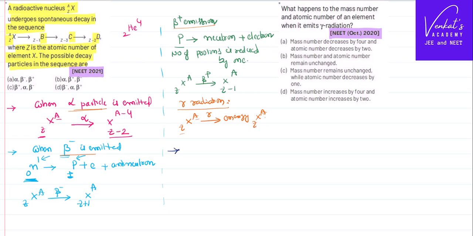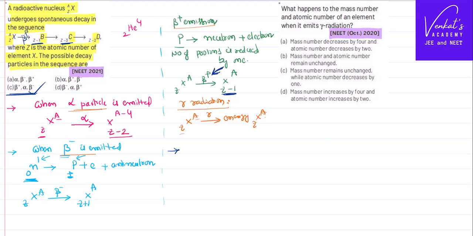Taking that into consideration, look at the question. Z became Z minus 1. Z becomes Z minus 1 when what is emitted is beta plus. So in the first case, what is emitted is beta plus, and there is only one option starting with beta plus, and that's the answer. Further, Z minus 1 has become Z minus 3, that means the atomic number is reduced by 2.